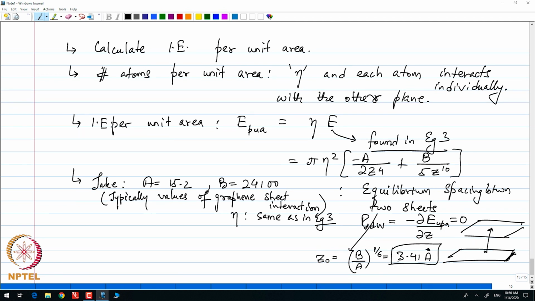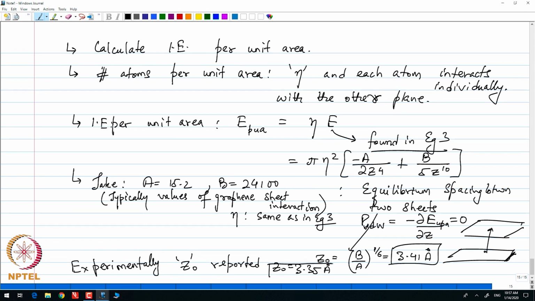The issue is that experimentally the values reported by these physical chemists, that is the equilibrium spacing of these sheets, is slightly lower. So, experimentally, z naught is reported to be equal to 3.35 angstrom.